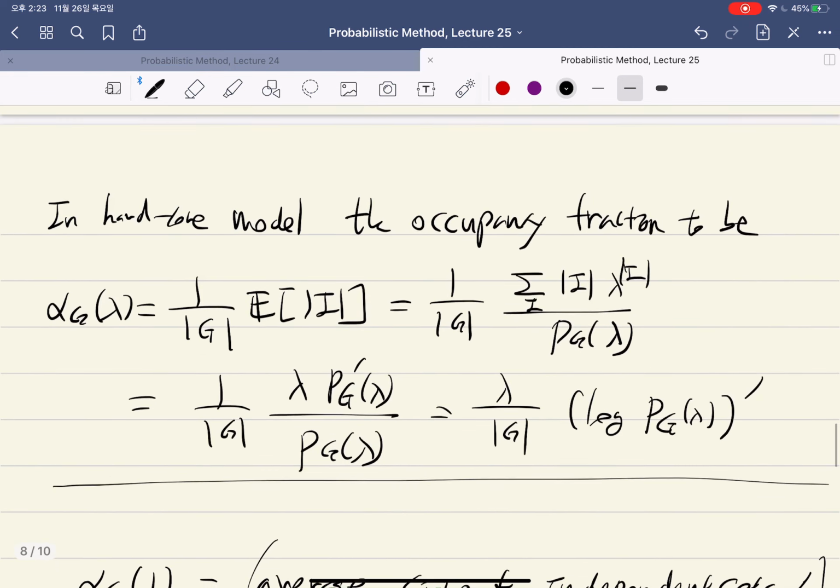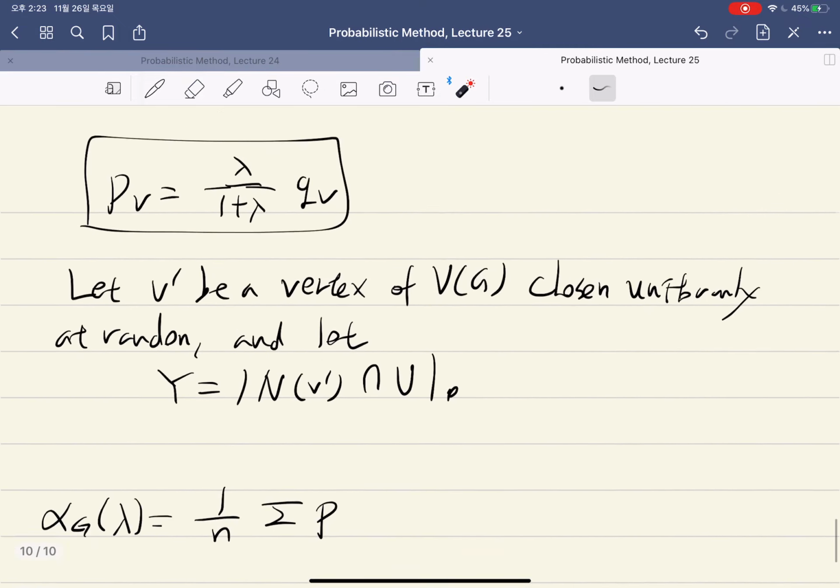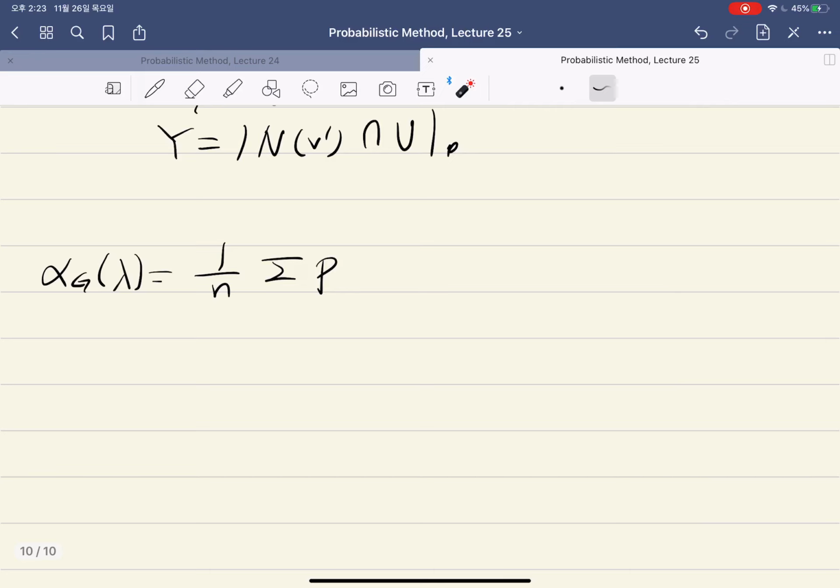Alpha of G is the expected size of the independent set. That's the same as, for each vertex, you add the probability that it is in the independent set.